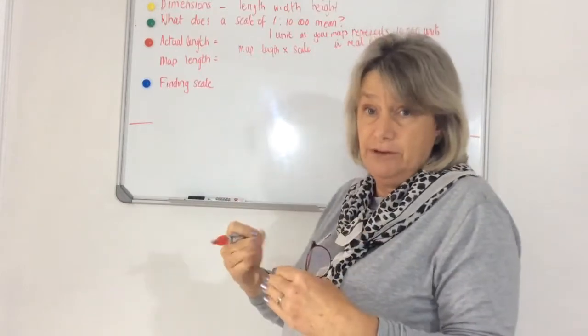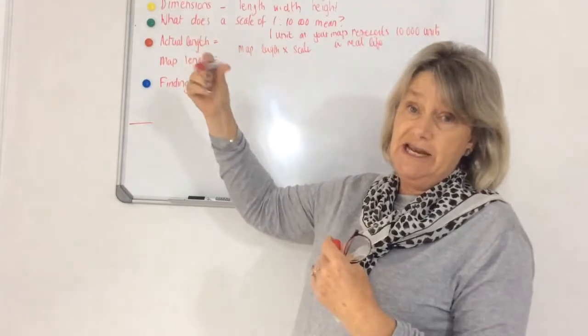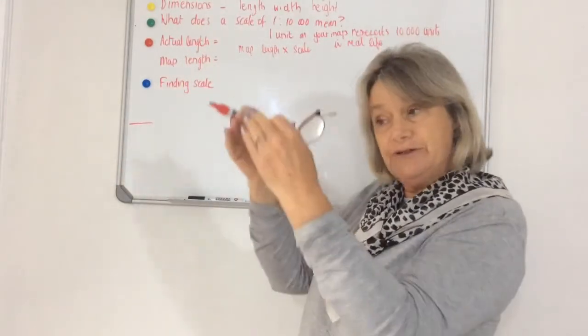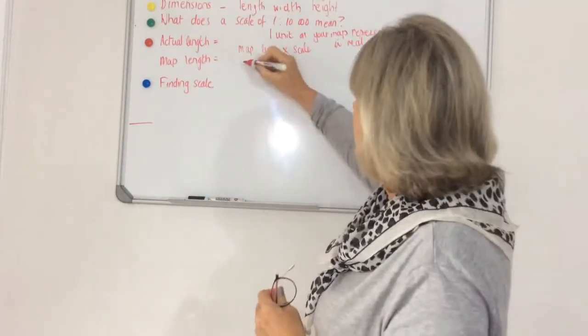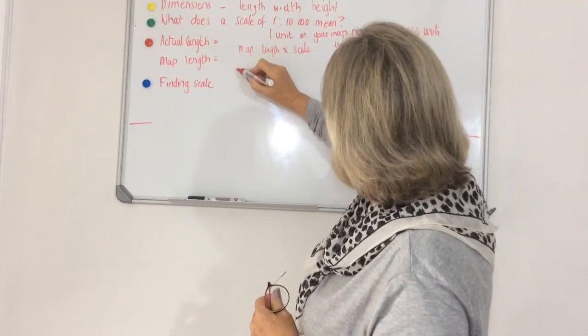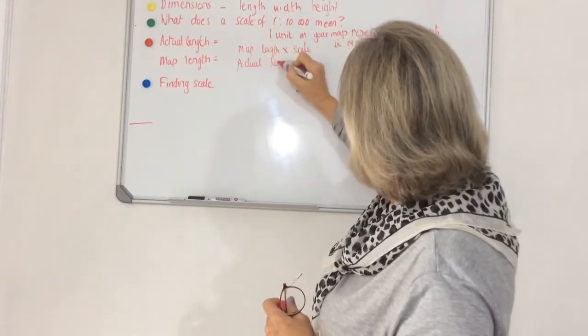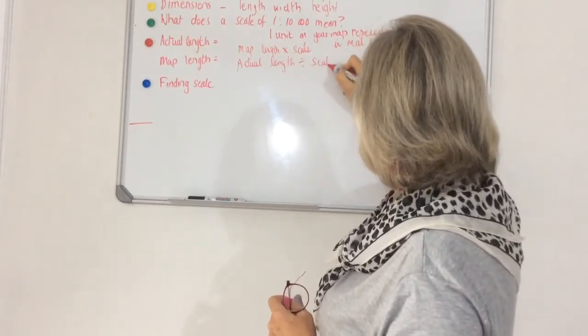If you are given your actual length and the scale, you're going to divide by your scale factor, because now you need to get to a small distance on a map. So for map length, you would take actual length and divide by your scale factor.